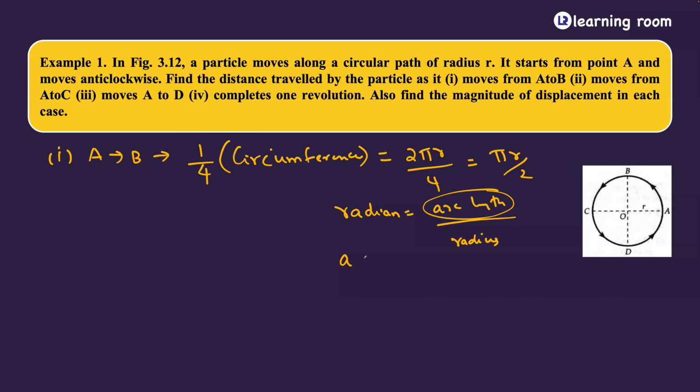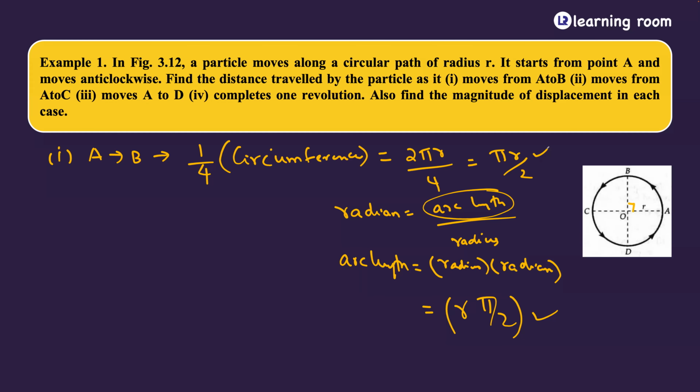So arc length is equal to radius into radian. What is the radius of this circular path? r. When it goes from A to B, the angle covered is pi by 2 radians, so the distance is pi by 2 r. This and this will give you the same answer. Are you able to understand? You can solve the problem in either of the ways. Both are related.